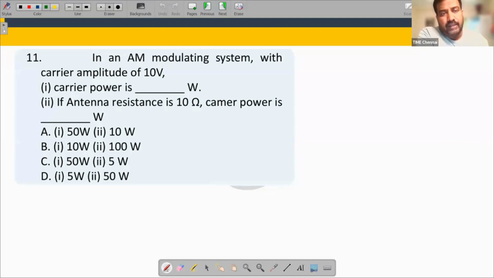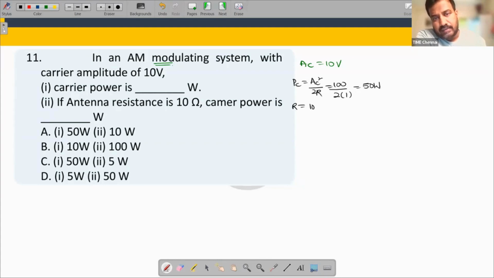In an AM modulating system, carrier amplitude of 10 volt, carrier power AC square by 2R. R is not given, so you can take it as 1, is 50 watt.